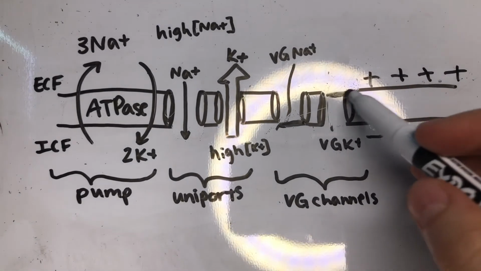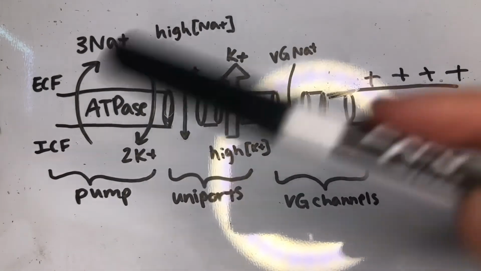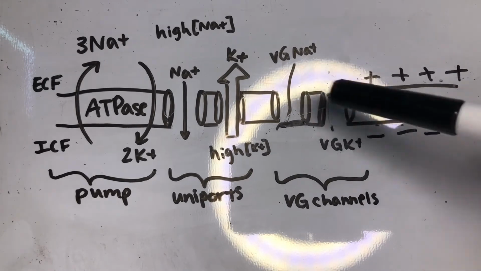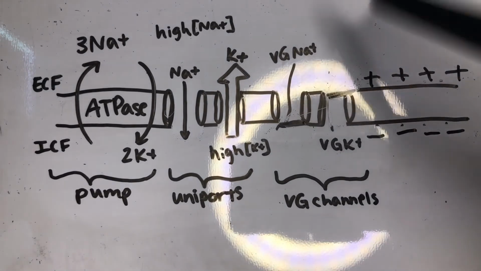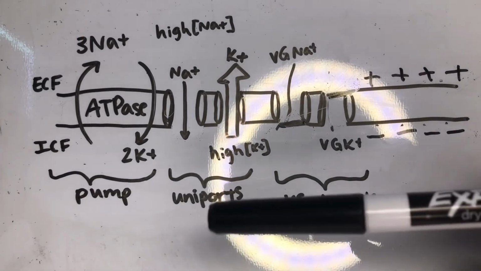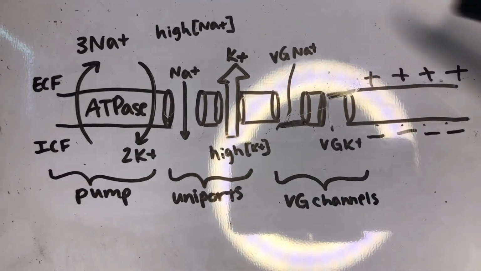We don't want them to be open. Business is shut down for right now. So now the membrane potential is going to go back to negative 70 millivolts because of all these things that we talked about with the resting membrane potential, because these voltage-gated channels are now closed. Both of them are closed. Now, because we're at negative 90, that's not at the equilibrium we want overall. We want the resting membrane potential back, which is negative 70, and we're at negative 90 right now. So these things are going to close.